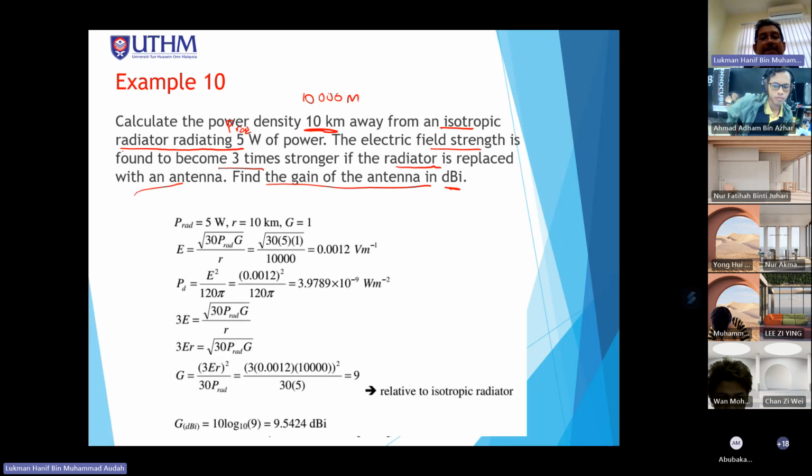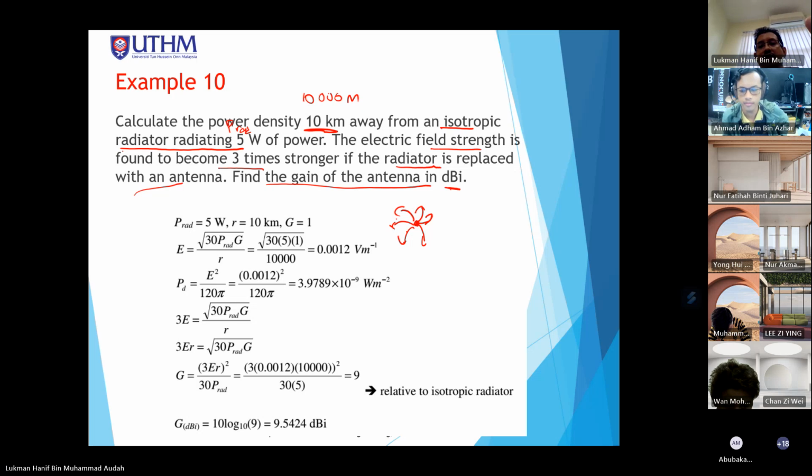So the story is like this: initially you have the isotropic antenna that radiates electromagnetic waves in all directions, and you are given the P radiation as 5 watt.